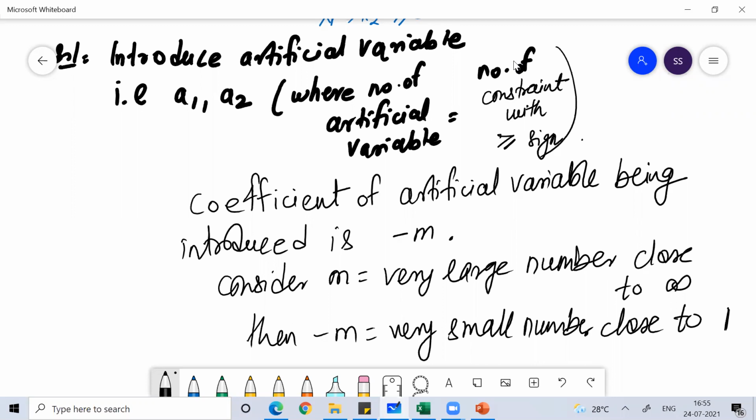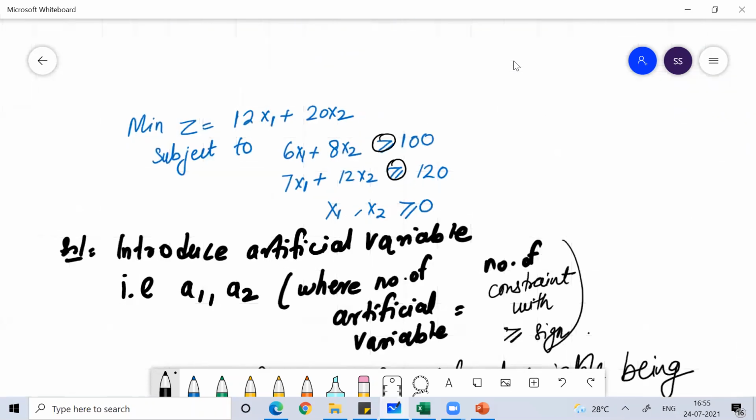The purpose of the artificial variables is to create a situation where we can ultimately use them in the basic iteration table to get the feasible solution for the problem. Clear everyone? Any doubt?